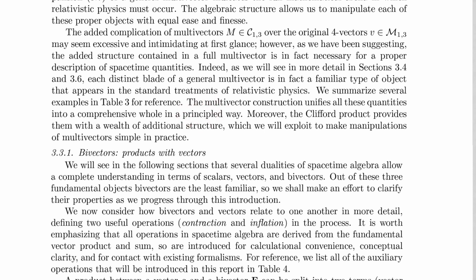So it's a comprehensive whole because it covers everything, but it's not just a bunch of stuff thrown into a box. It's well organized from first principles that shouldn't necessarily obviously tell us about the real world, but it does. Moreover, the Clifford product provides them with a wealth of additional structure which we will exploit to make manipulations of multivectors simple in practice.